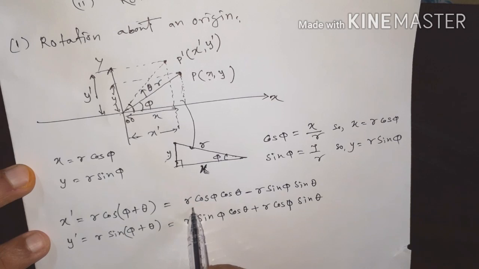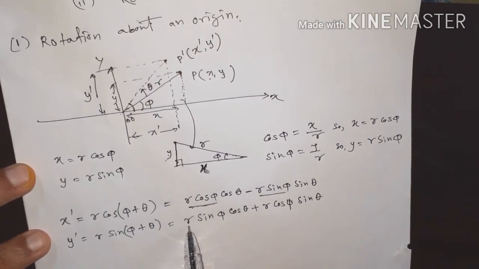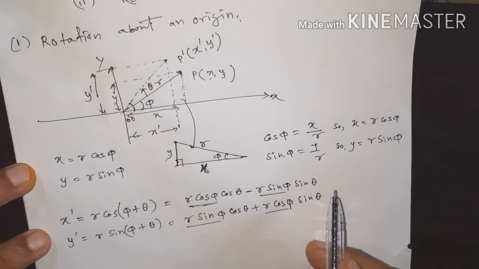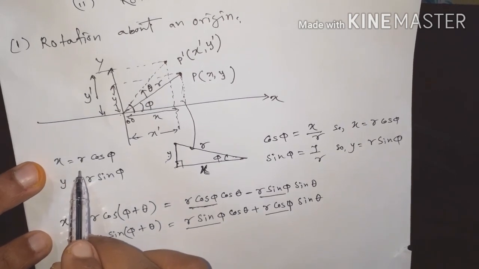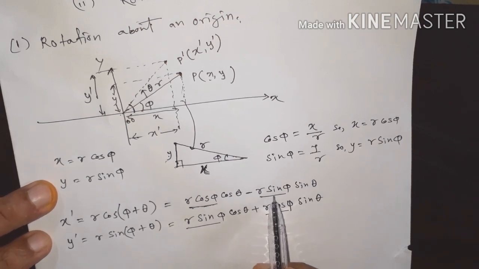So we get r cos phi cos theta, r sin phi sin theta, r sin phi cos theta, r cos phi sin theta.